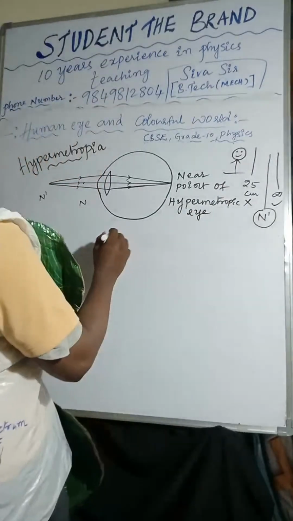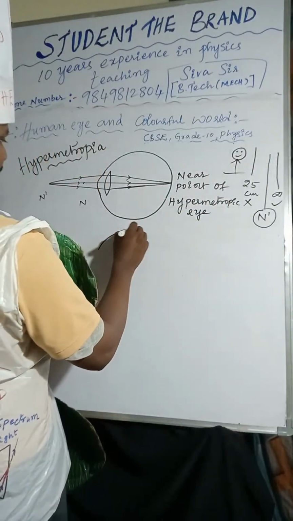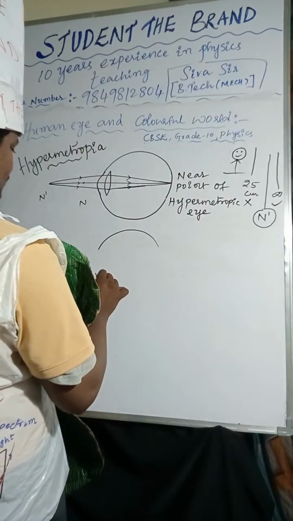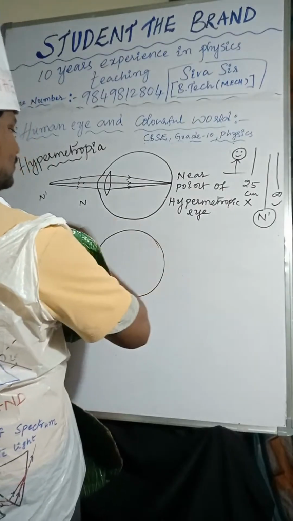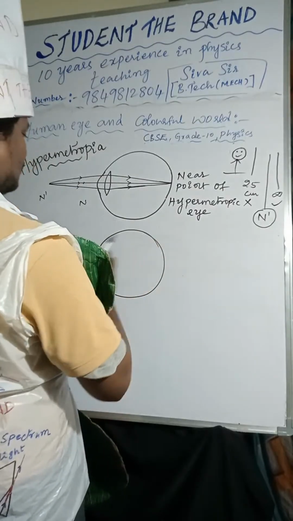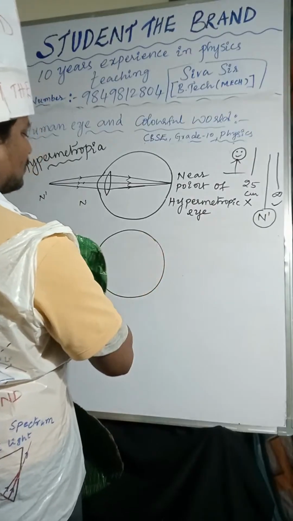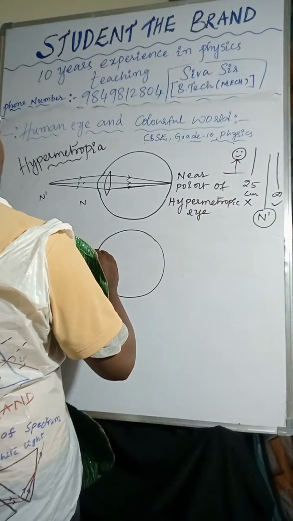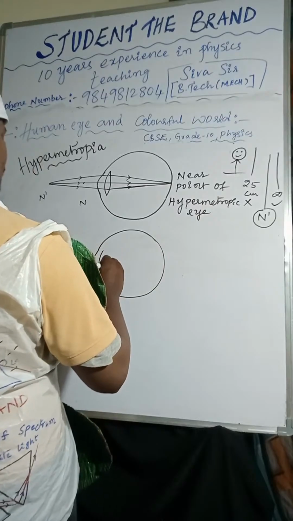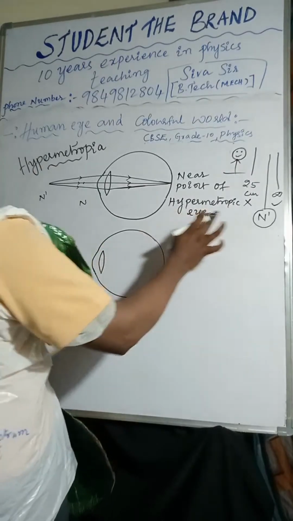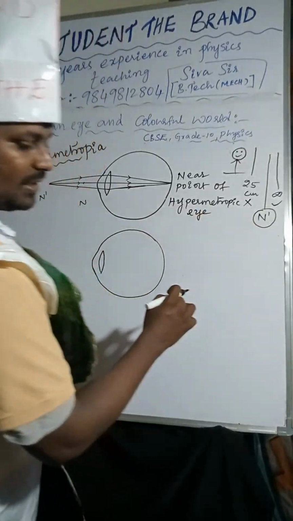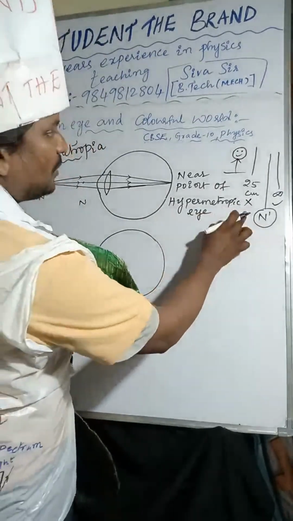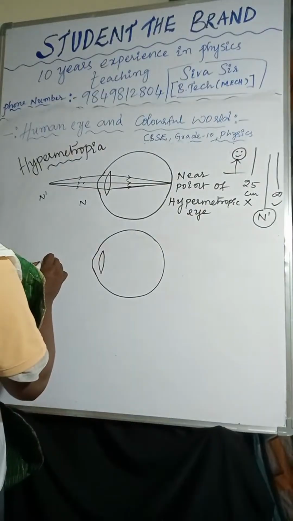Next one. As I said, he can't see 25 centimeters. If the light rays are coming from 25 centimeters, where will the image form?